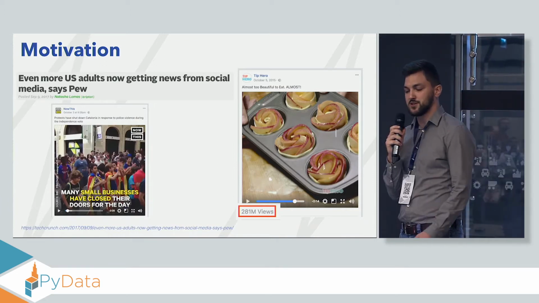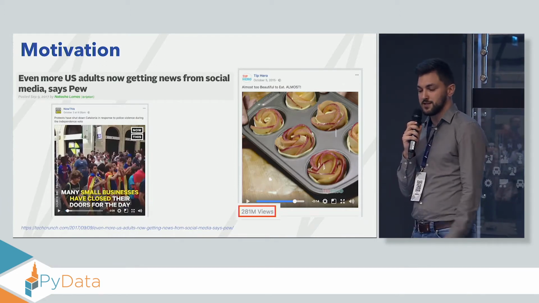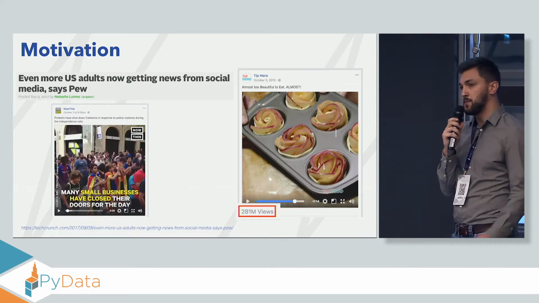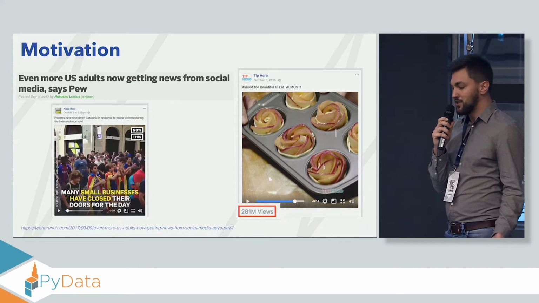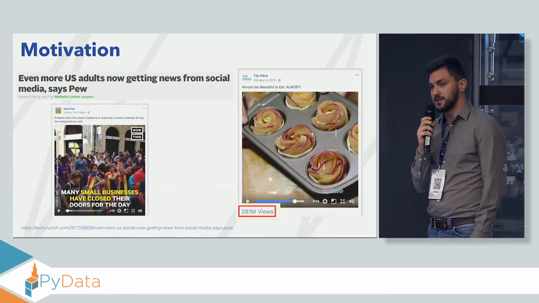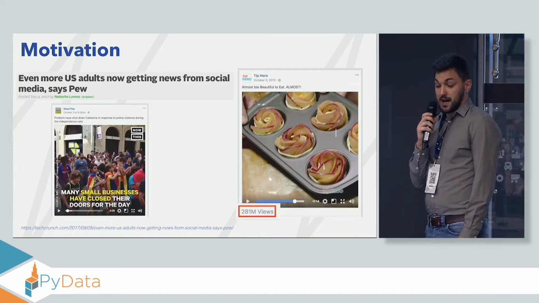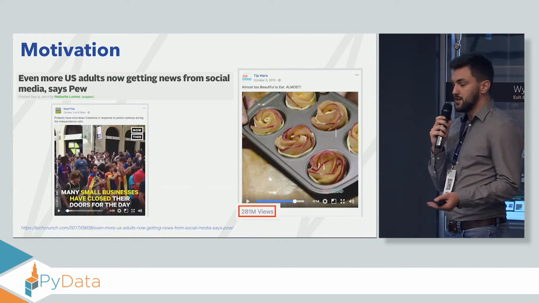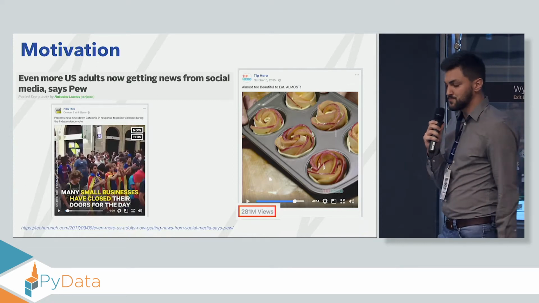We have many videos, we have information about how many people watched them, how they reacted to them. And we can use this data to analyze what users like, what users want to see, what users pay attention to.